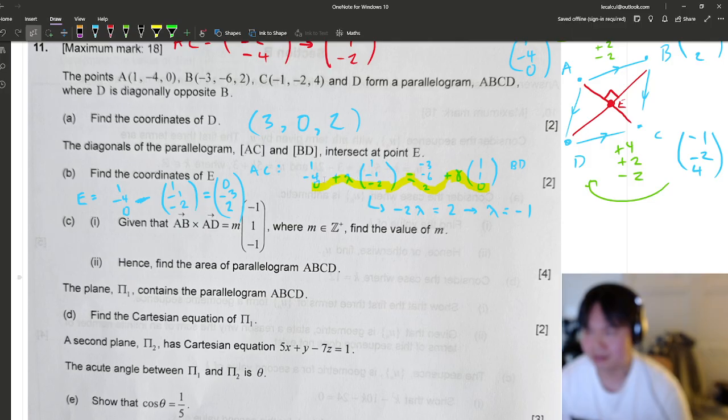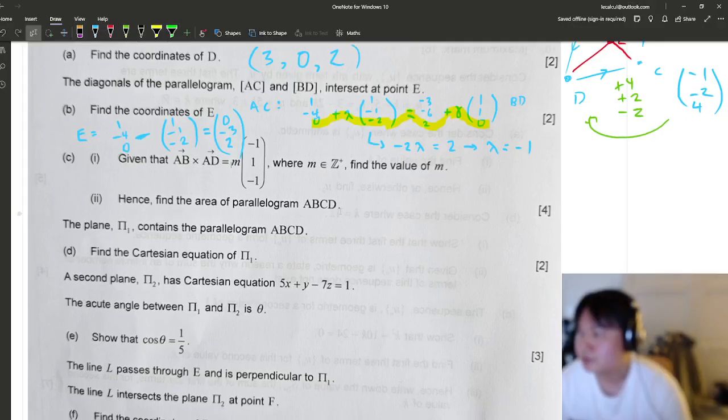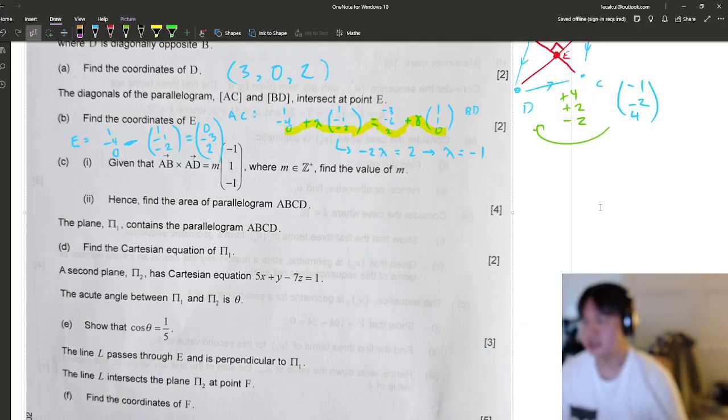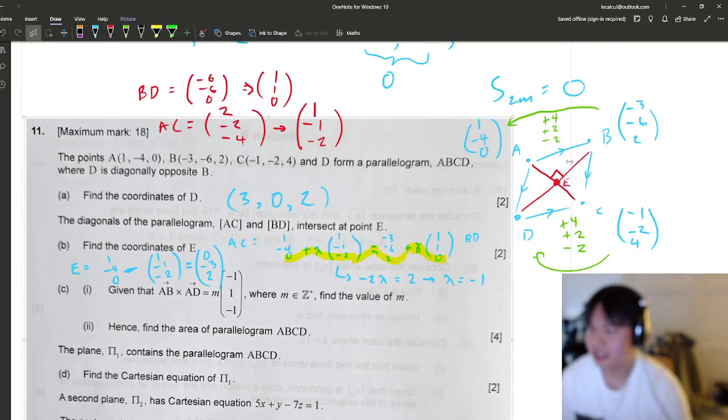All right, so like I said, vector equation, equate them, solve. Once you solve, plug it back in, get the coordinate. Okay, given that AB x AD is this, find the value of m. Okay, do we have AB, AD? We do.